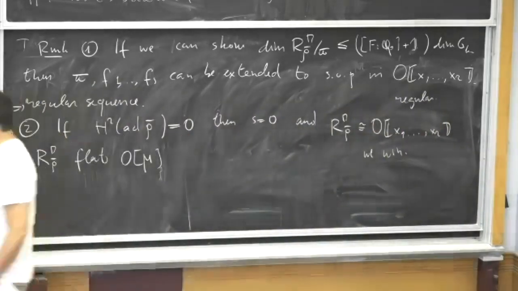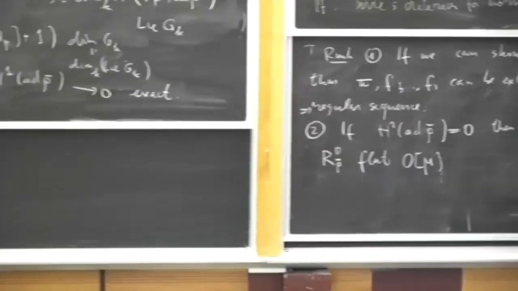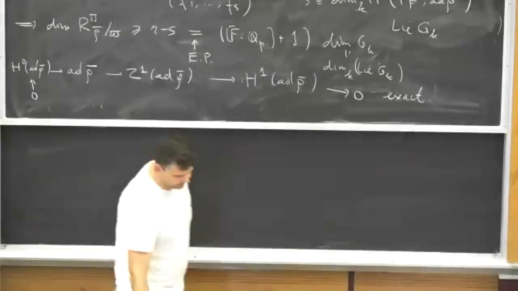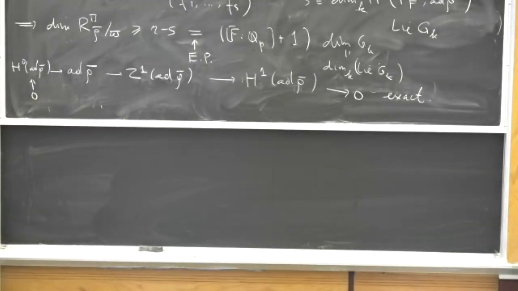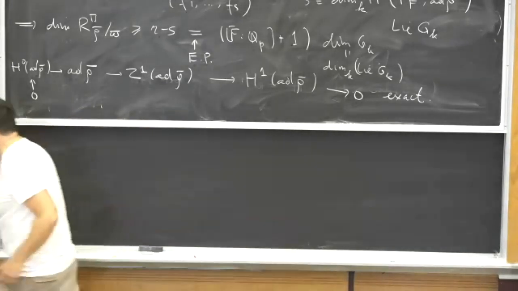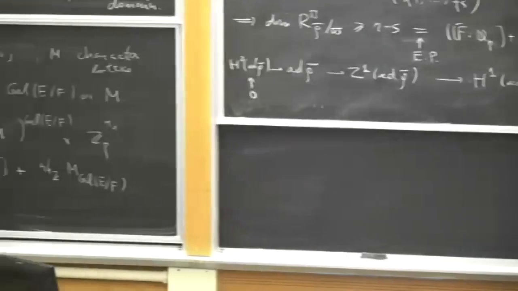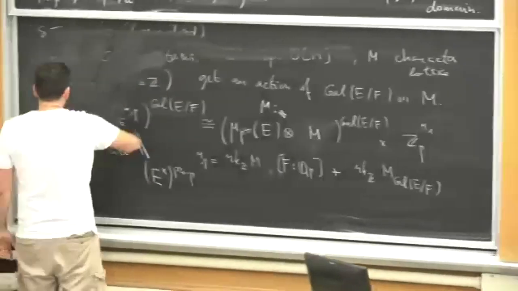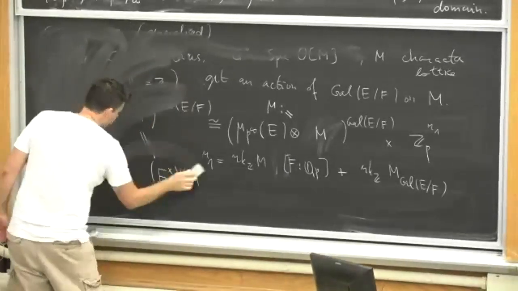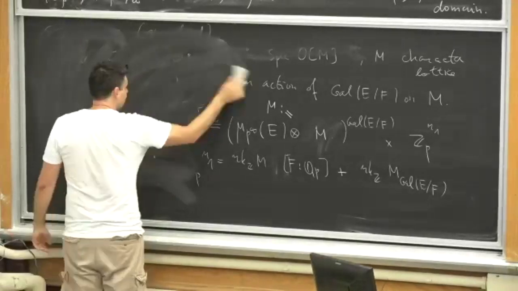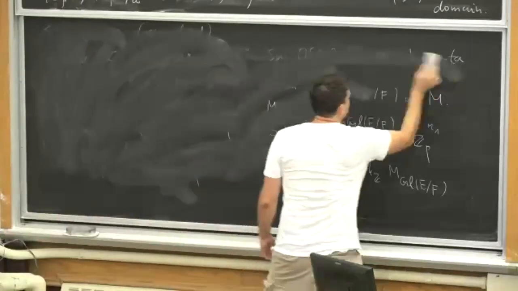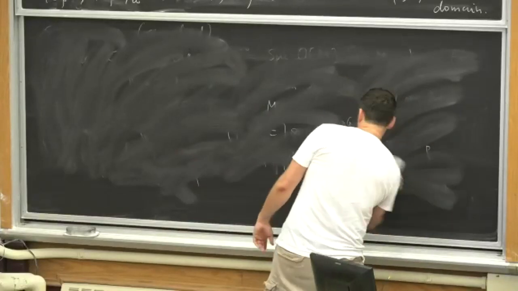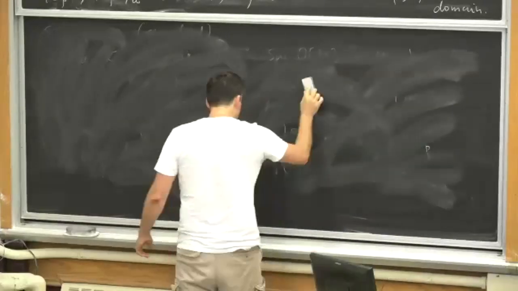But you remedy this following some ideas of Kisin. Kisin considered presentations of global deformation rings over local deformation rings, and we do this maybe in an easier context.